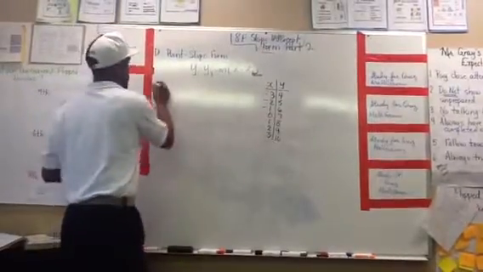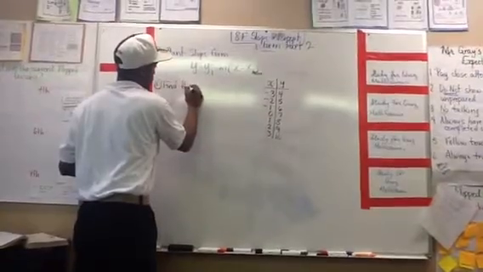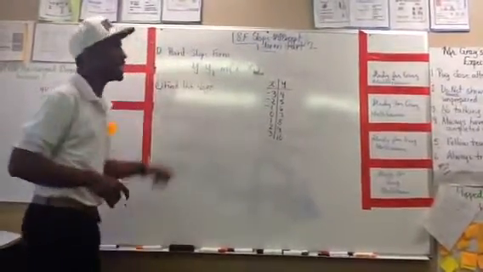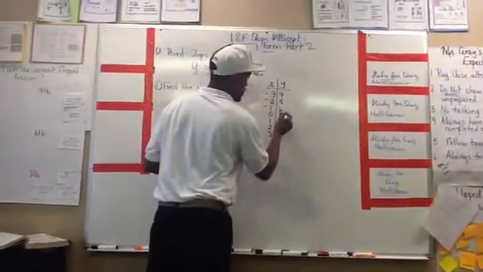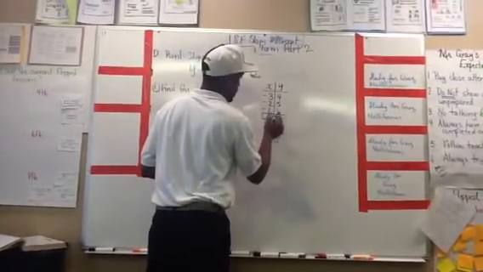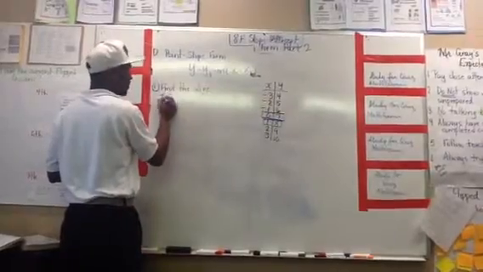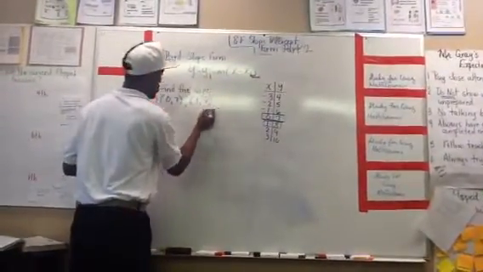Well, first, find the slope. Find the slope by picking any 2 points from this table. I'm going to go for some small ones. Let me go for (0, 7) and (1, 8). Those are my 2 points. You know the equation.